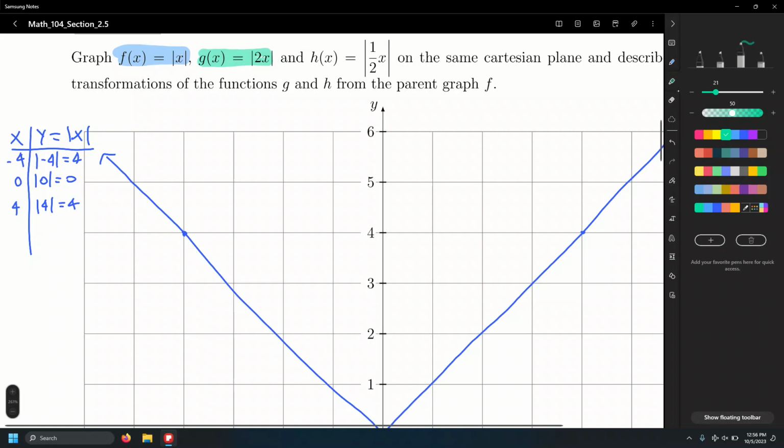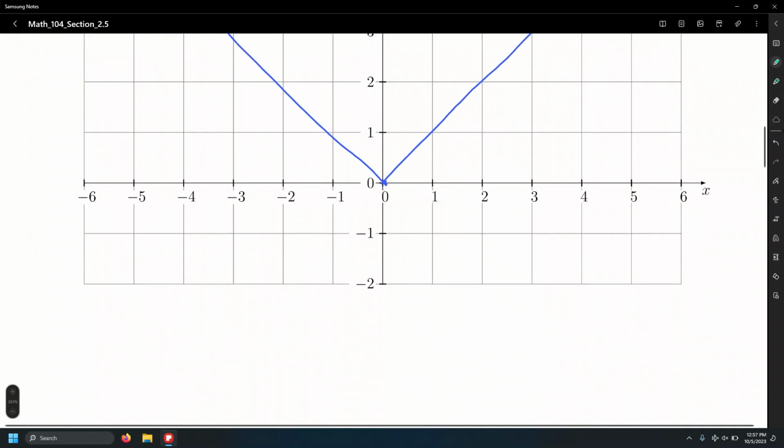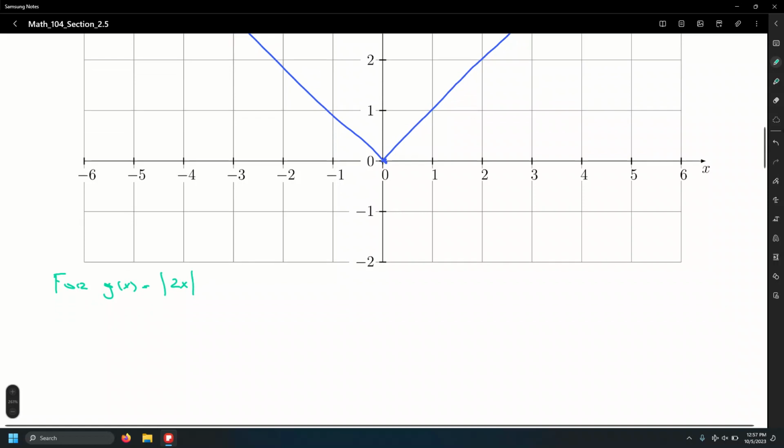Let me go down below the graph. For g of x equals the absolute value of 2x, in this case, we divide the x coordinates of f of x equals absolute value of x by 2.